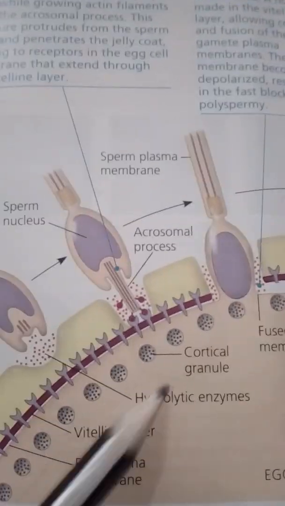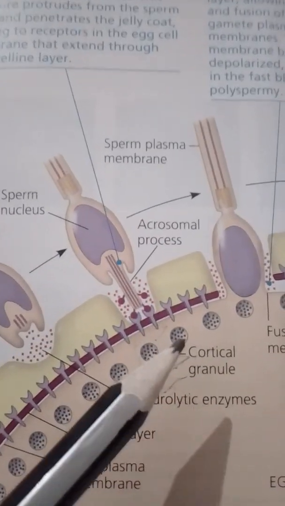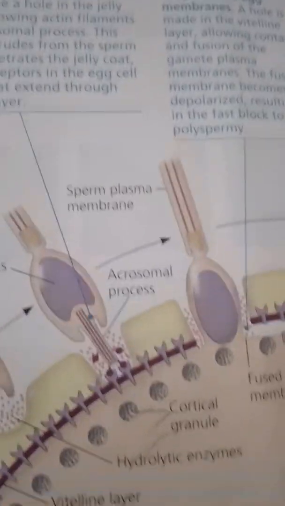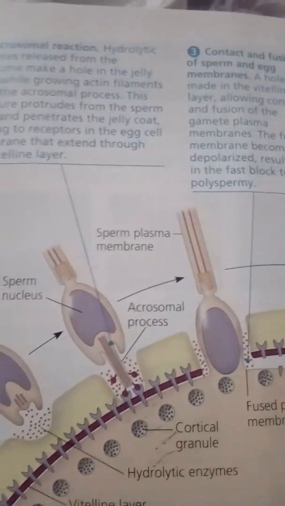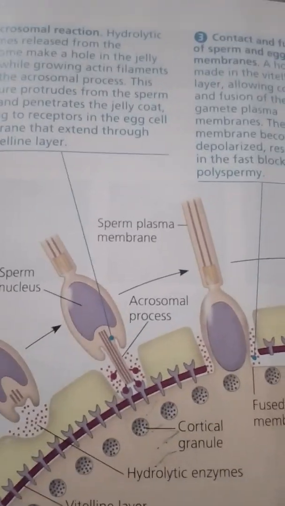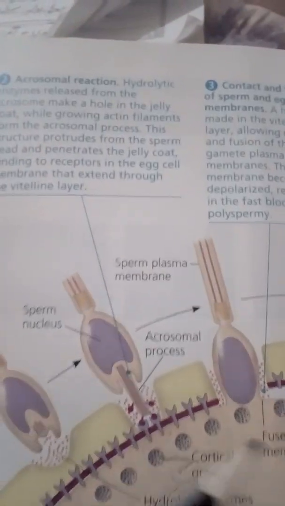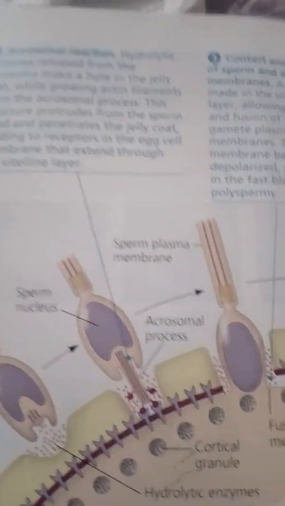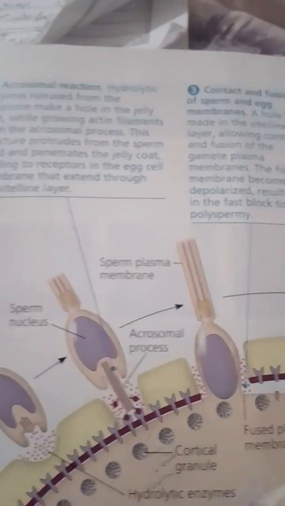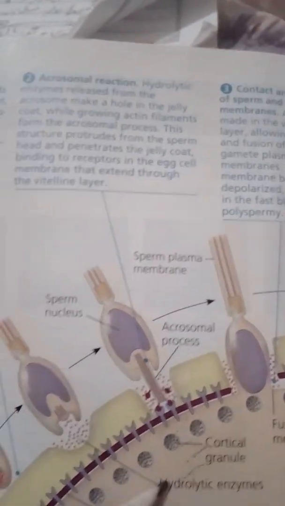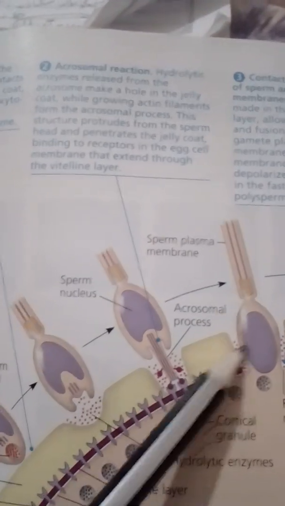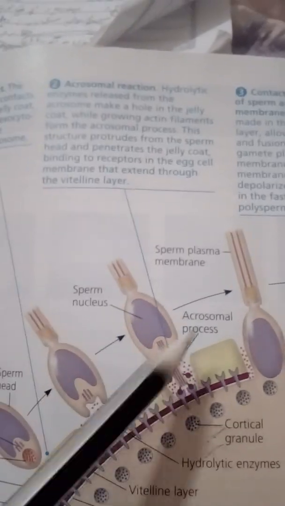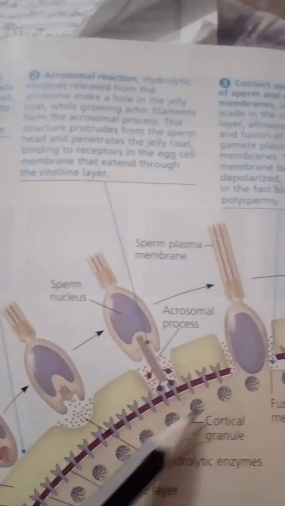This process begins when a specialized vesicle at the tip of a sperm, called the acrosome, discharges hydrolytic enzymes. These enzymes digest the jelly coat, enabling an elongating sperm structure called the acrosomal process to penetrate the jelly coat. Molecules of a protein in the tip of the acrosomal process then adhere to molecules of a specific receptor protein on the egg surface.